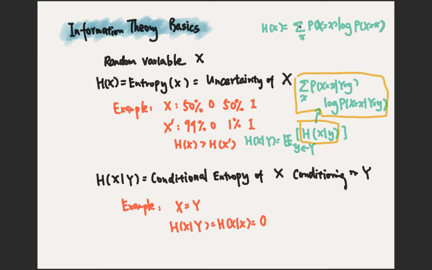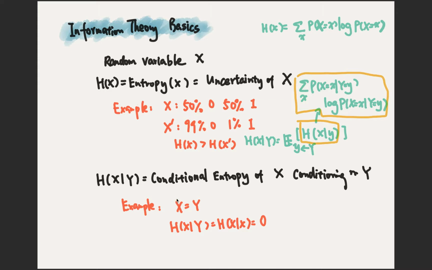Another important concept is conditional entropy. When we have two random variables, x and y, the conditional entropy can be understood as, conditioning on y, the remaining amount of uncertainty of x.